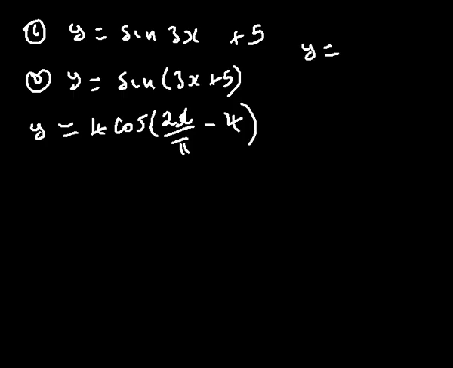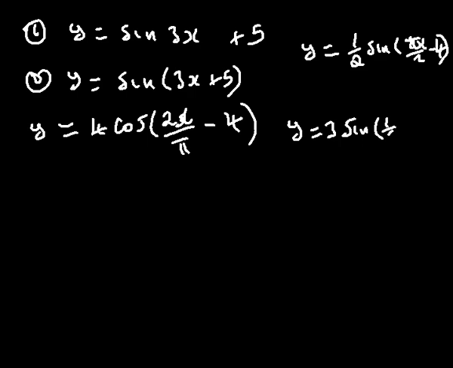Let's say y is equal to sine of pi x over 2 minus 4. How should you have that one? Let's say y is equal to 3 sine of half x plus pi over 6.